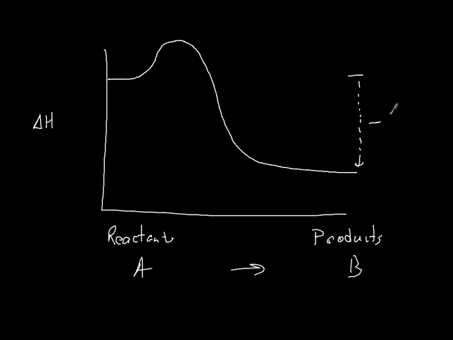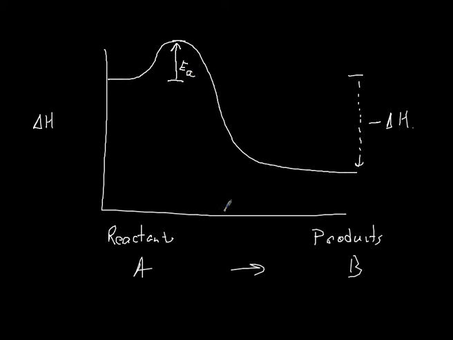And so that's a negative delta H change, so exothermic. But this little hump here, I believe we talked about this before, that is the activation energy. And so this reaction will not proceed unless the reactant particles can get above that little hump there. That's the energy of activation, or the activation energy.